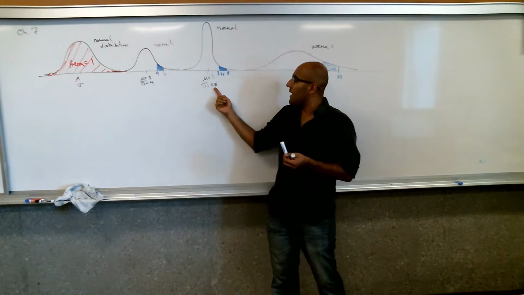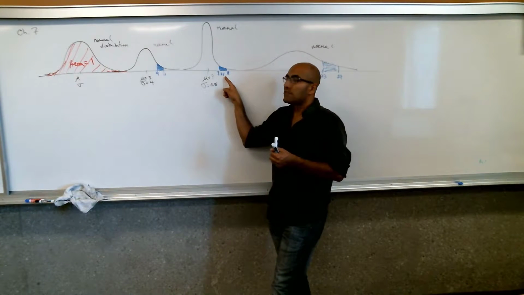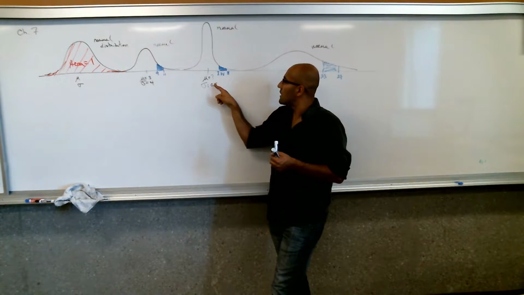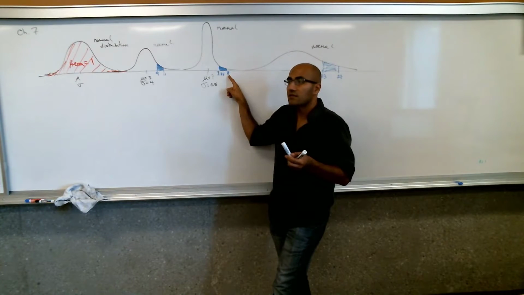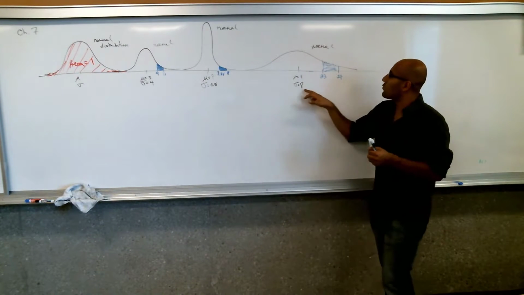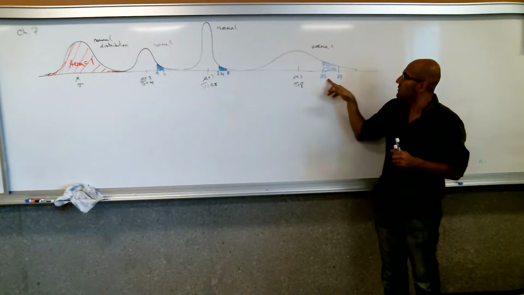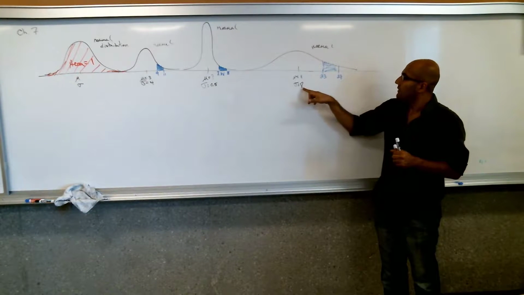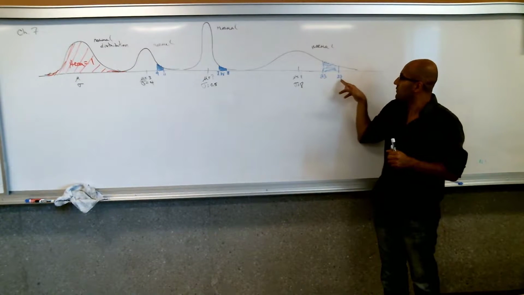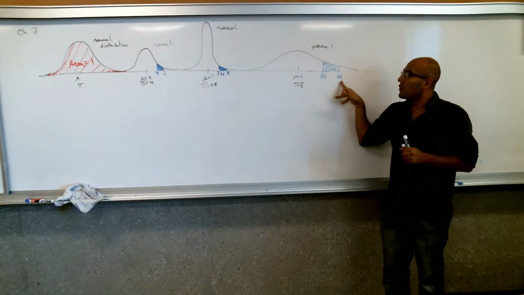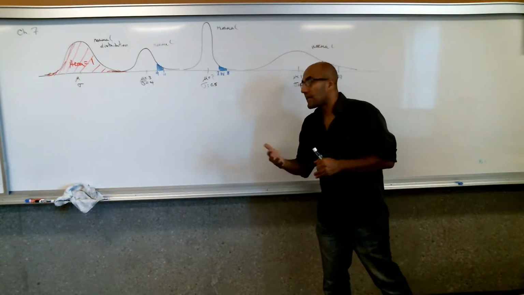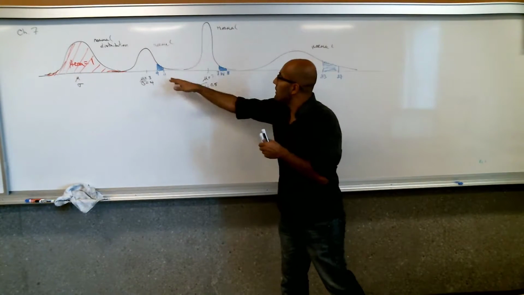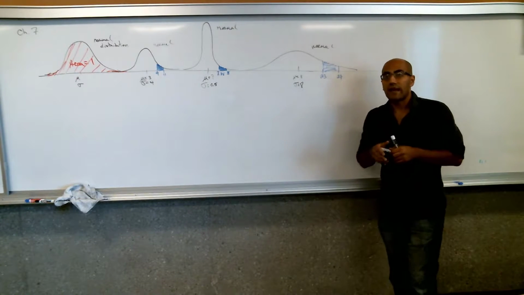Whereas here, 1.5 would be 7.75, and 2 sigmas away from the mean would be 8. And same thing here, 1.5 standard deviations away from its mean equals 23. And 2 sigmas away from the mean would be 27. So in terms of multiples of the standard deviations, these 3 different questions are all related that way.